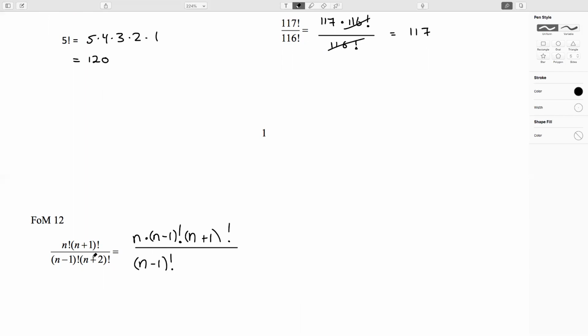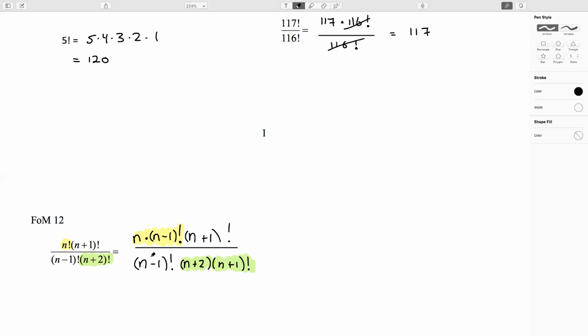But I'm going to write n plus 2 factorial as n plus 2 times n plus 1 factorial. So I'm actually going to highlight the things that I've changed. I have gone and changed n factorial into n times n minus 1 factorial. I've left n plus 1 alone. I've left n minus 1 alone, but I have gone and written n plus 2 factorial as n plus 2 times n plus 1 factorial.